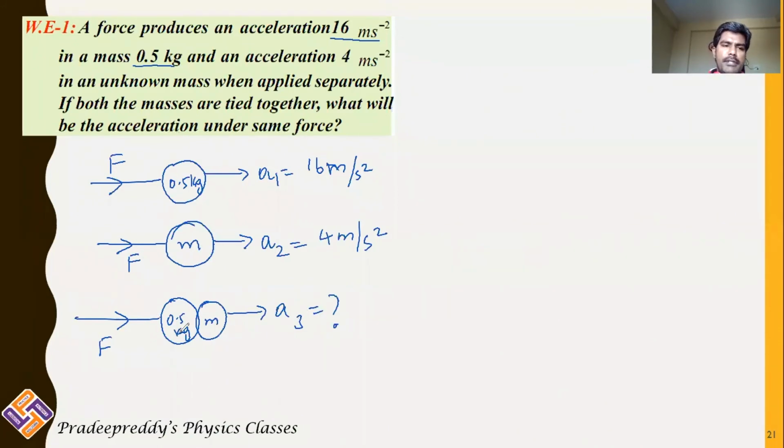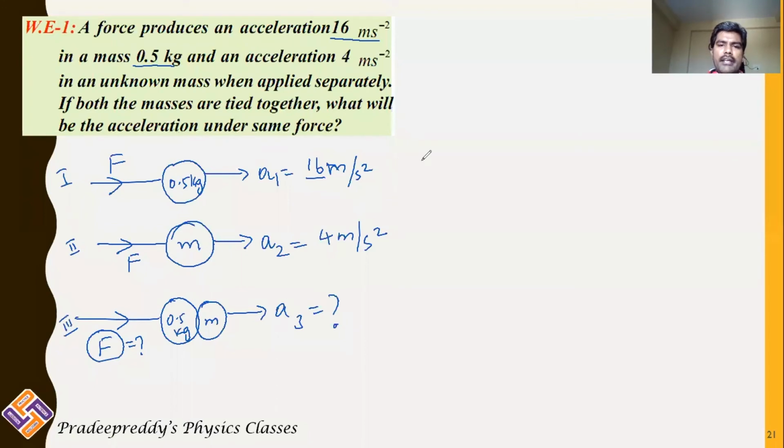So we have three cases. Once you apply force on 0.5 kg, it produces an acceleration of 16 meter per second square. In order to find out A3, you should find out this F first. This is 1, this is 2, and this is 3.